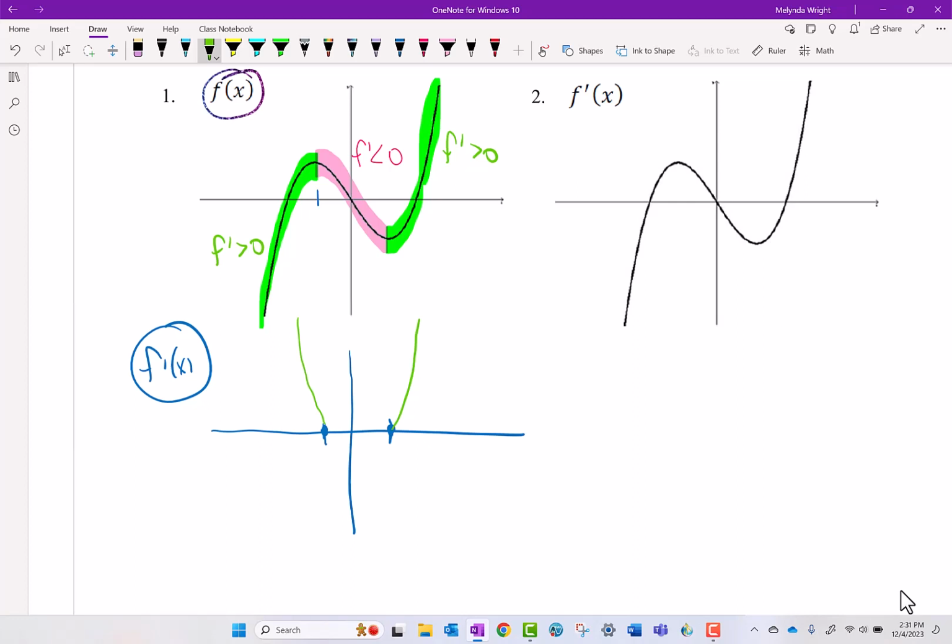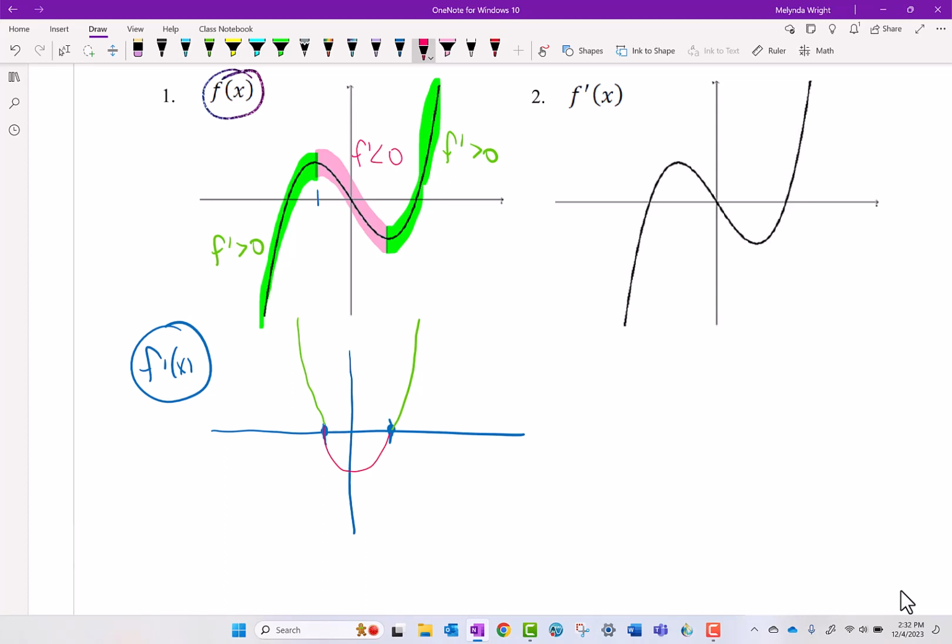All right, so now let's look at the middle section. The middle section is when f prime is less than 0, or negative. That means it needs to be underneath the x-axis, so somewhere down here. Now, it doesn't really matter how; I could have drawn it really narrow like that if I wanted to, because we don't know anything more besides positive and negative. That's all we know.